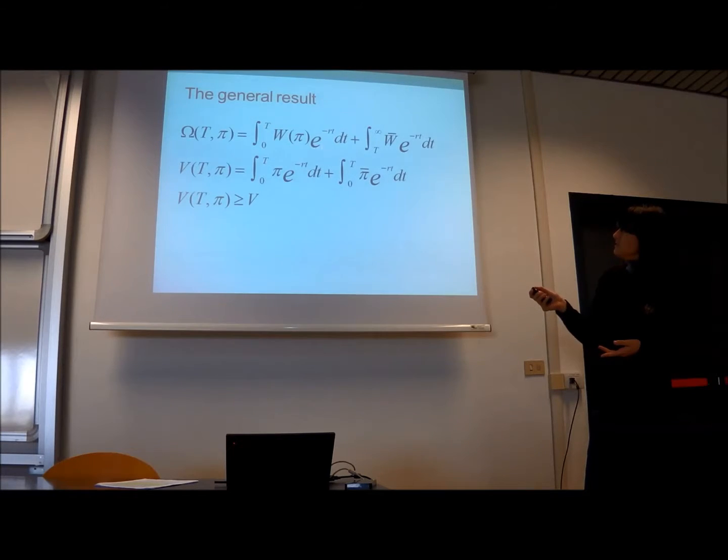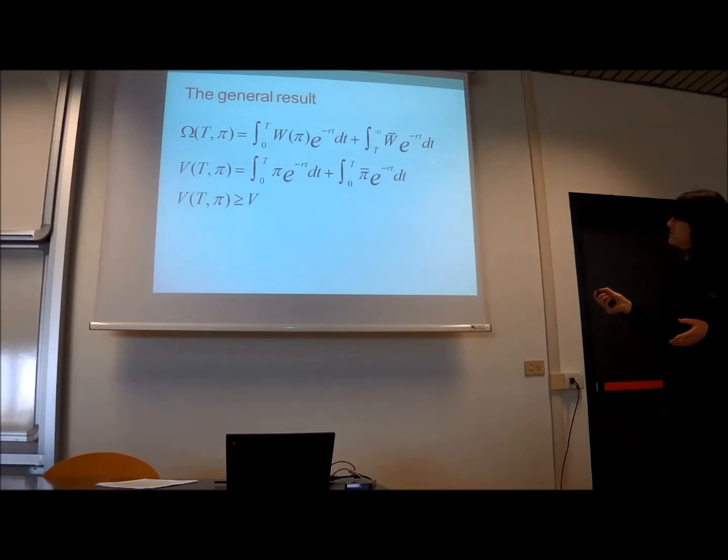So this is the time where the patent is during its lifetime, this is afterwards, and the same here, and this is the present value of the profit flow of the patentee. So our aim is to maximize social welfare subject to this incentive compatibility, participation constraint for the patentee.